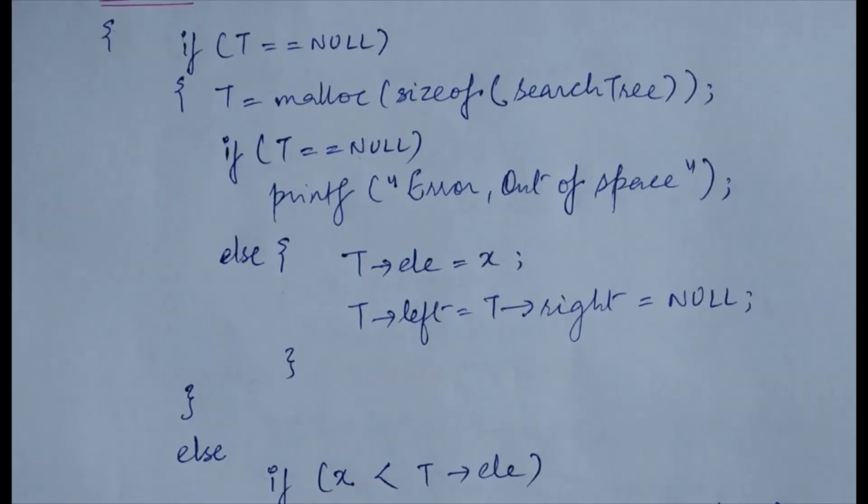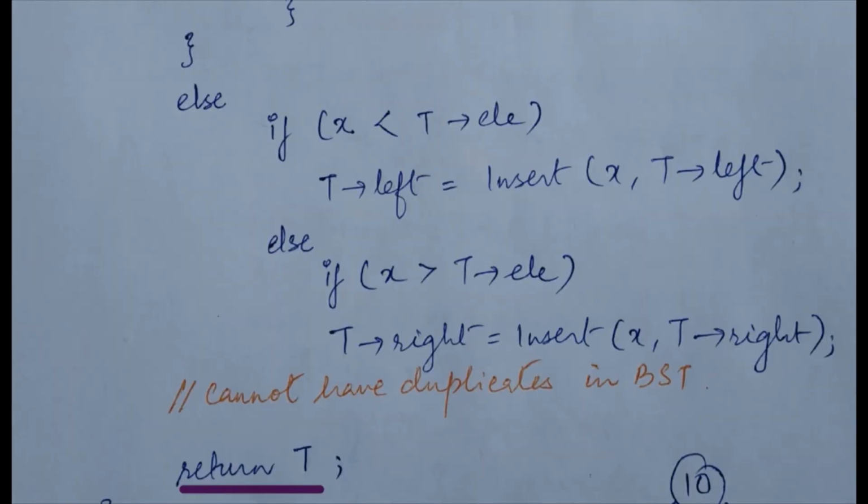So when I call insert x in t's left, if x cannot be added at the root location, x is less than the root element, I call insert x in the left subtree. For example, if the left subtree is empty, whatever pointer is returned from this insert function would be sent to t's left.